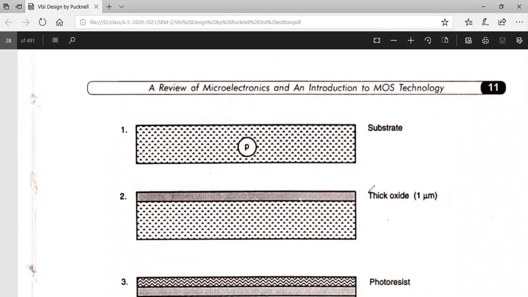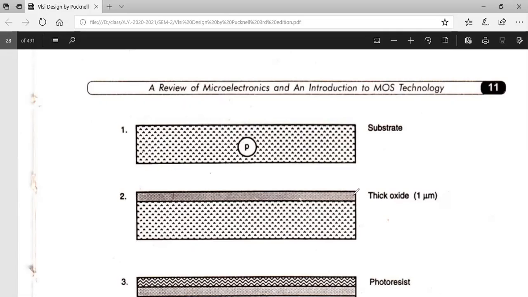After oxidation, a thick oxide is formed with 1 micrometer thickness.